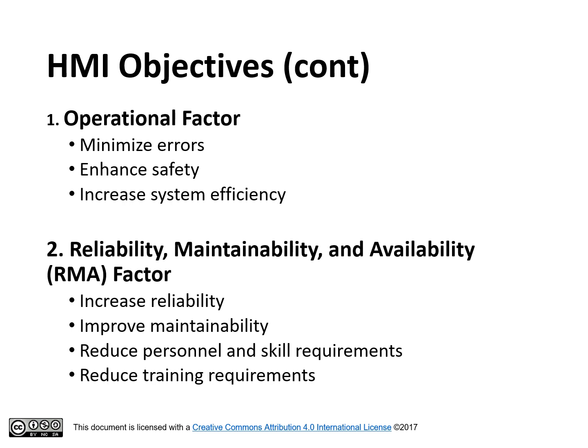Within this factor are the following: minimize errors, enhance safety, and increase system efficiency. The operational factor is focused on the efficiency and safety of operations. By facilitating the automation and monitoring of processes through an HMI, errors can be reduced and safety standards can be applied.